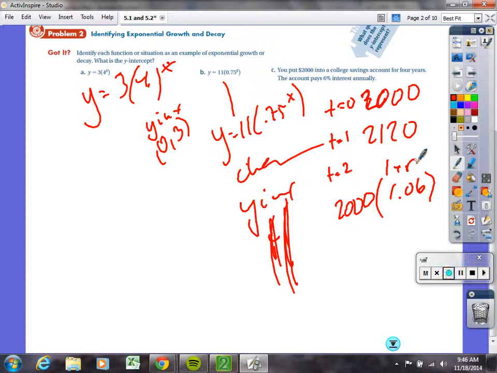Think about a 5% raise: you take what you originally have, which is represented by the 1, and you add your percentage. And notice that's the 1.06. So if I multiply it through, 2,000 times 1 is your original amount, plus your rate times 2,000, and that tells you what it is. Does that make sense to you?